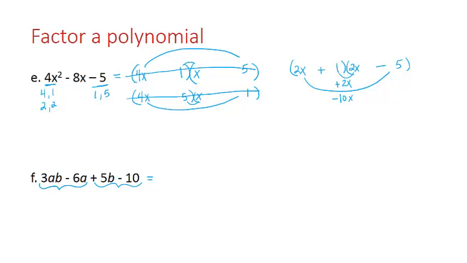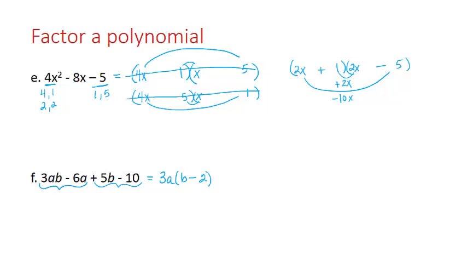In the first two, 3ab and 6a, there's a 3 that divides both of those as well as an a. If I take a 3a out of 3ab, I'm just left with b. A 3a into 6a is going to leave a minus 2.